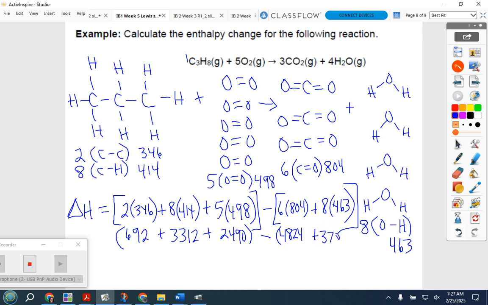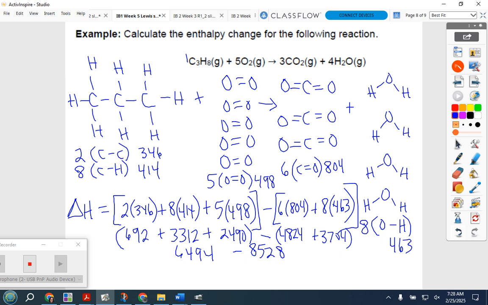Okay. So if I add up the reactant side, I get 692 plus 3312 plus 2490, I end up with 6494 minus 4824 plus 3704. That gives me 8528.